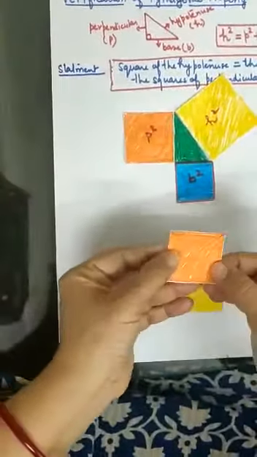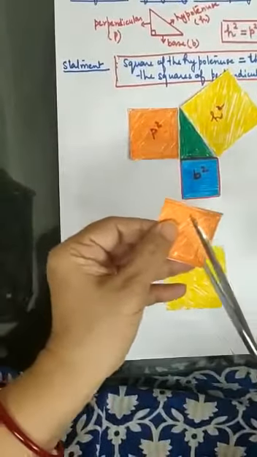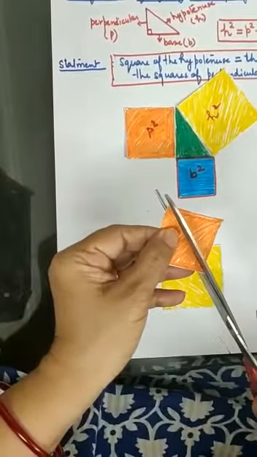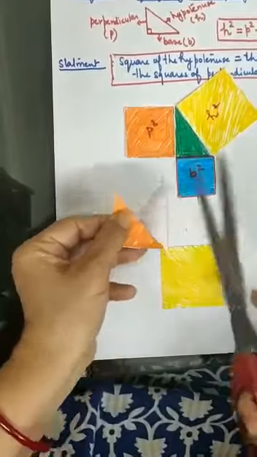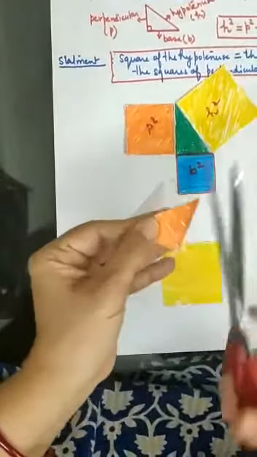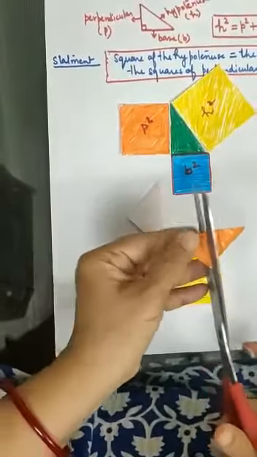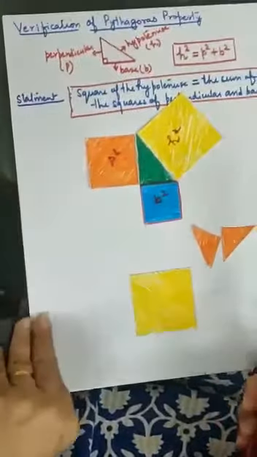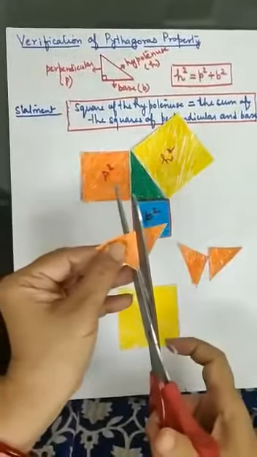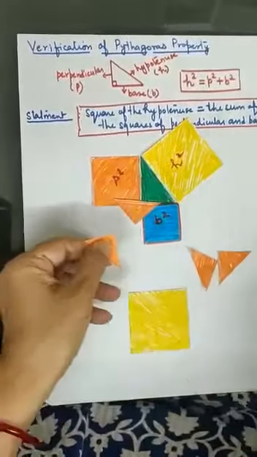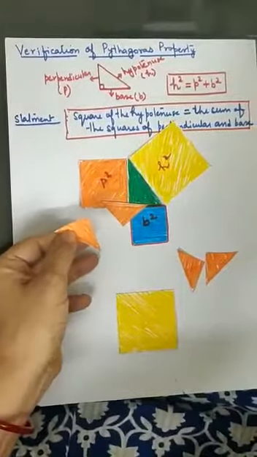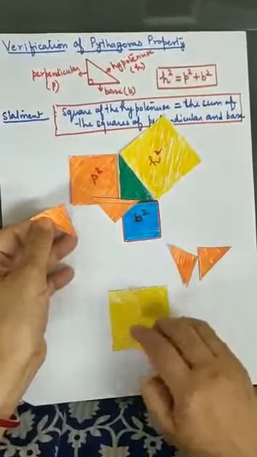So I have this here. What I do, I cut them diagonally. मैंने ऐसे काट दिया यहाँ से और इसको भी यहाँ से वापस आधा काट दिया. Okay, now I place them at the corners here.